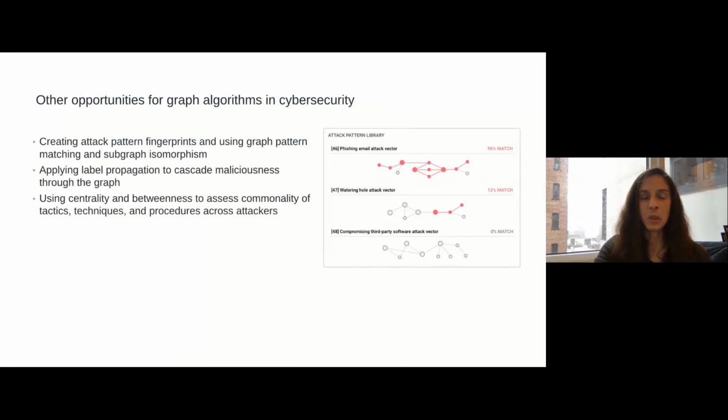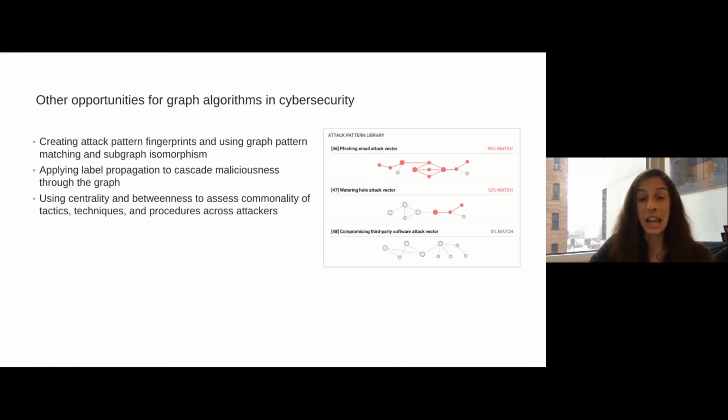So, we've focused a lot on community detection and centrality algorithms and a bit about how text similarity analysis can contribute and enhance both of those. There's a number of other opportunities, though, for graph analysis and graph algorithms within cybersecurity.